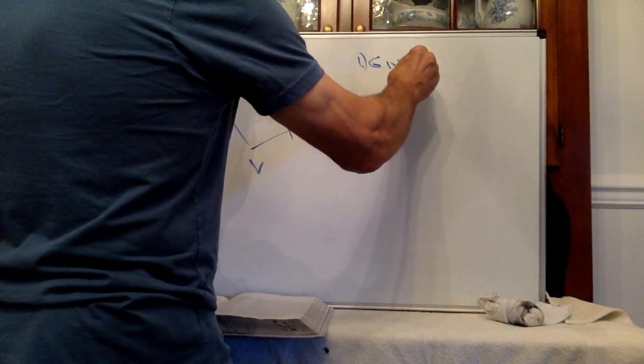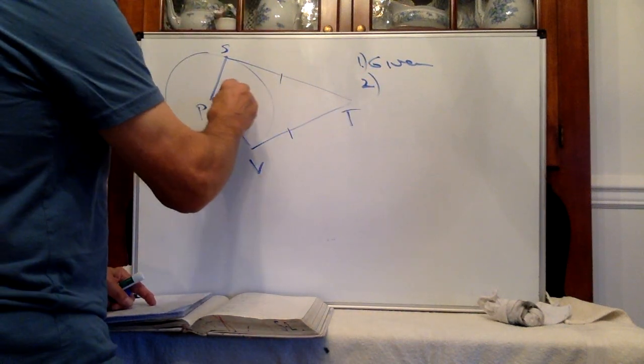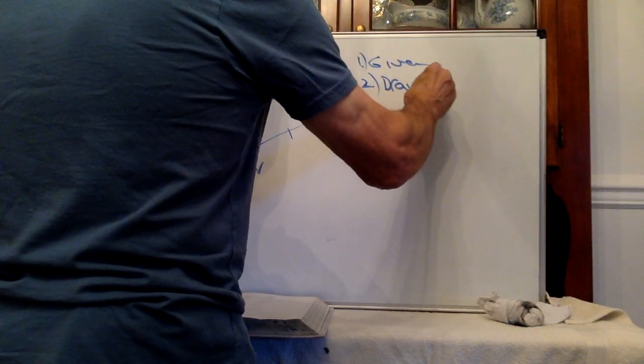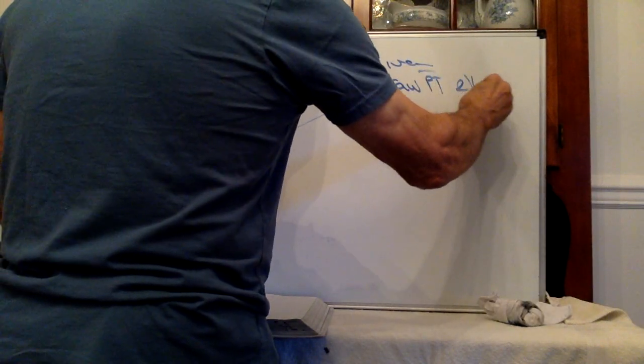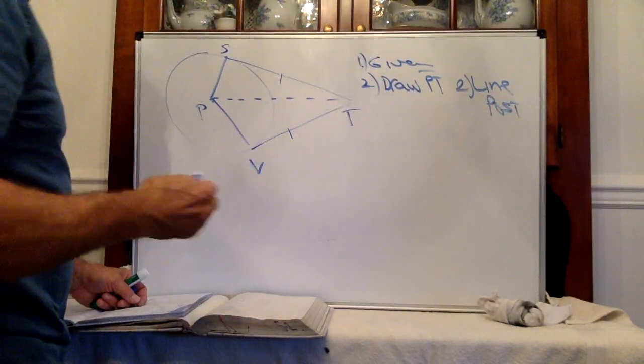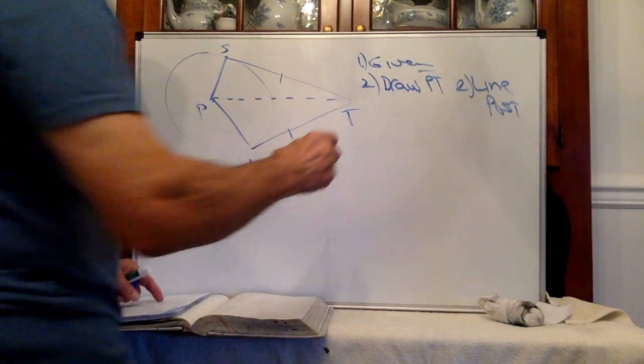Given. Statement 2, draw PT. Line postulate. Any 2 points determine a line or line segment. It's an auxiliary set, so draw it dashed.